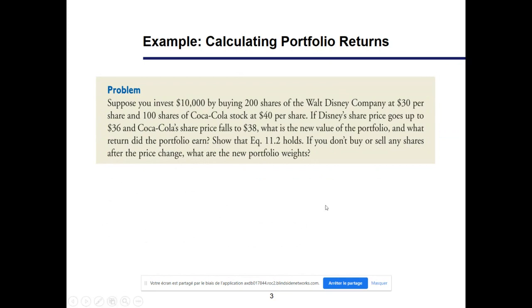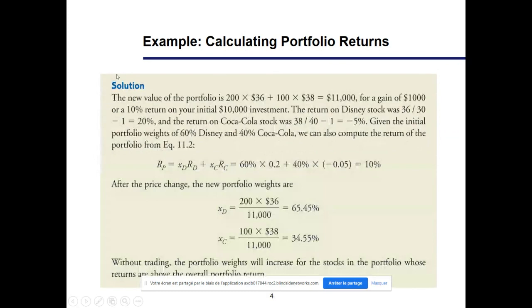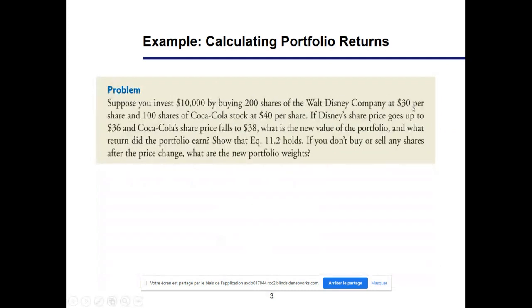Very straightforward. So if I want to know how much I invest in the D, which is Disney, and C is Coca-Cola. Okay, so remember I have what? I have $30 of 200 shares, so it becomes what? 6,000.